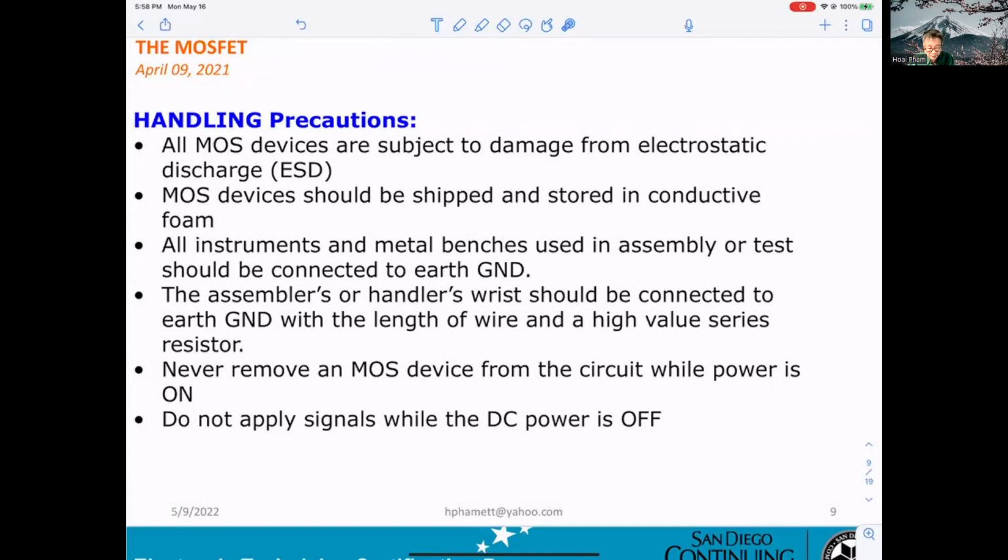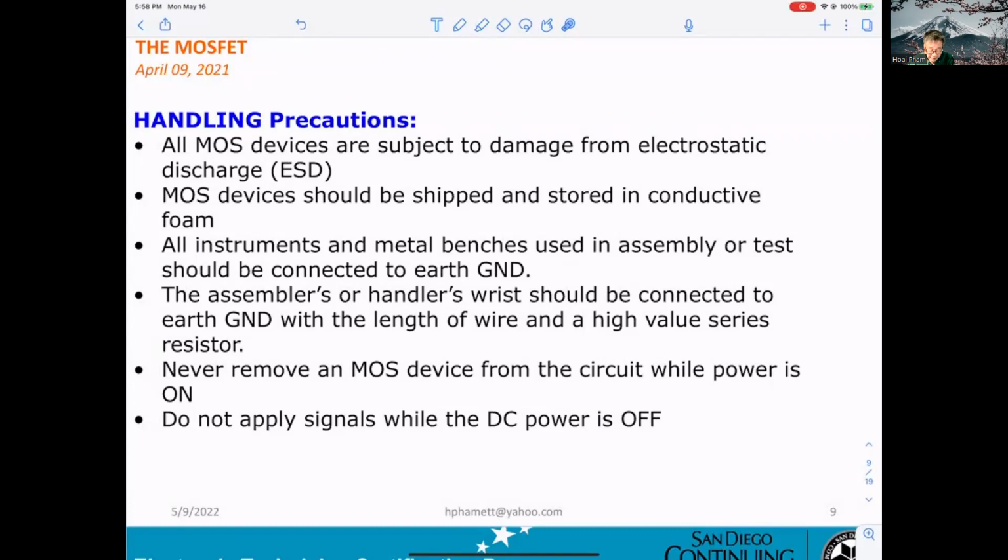Most devices should be shipped and stored in conductive foam. All instruments and a metal bench used in assembly or test should be connected to the earth ground.